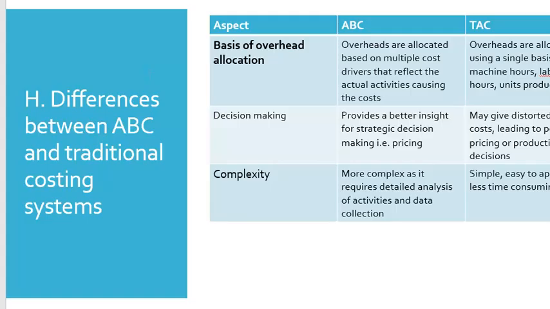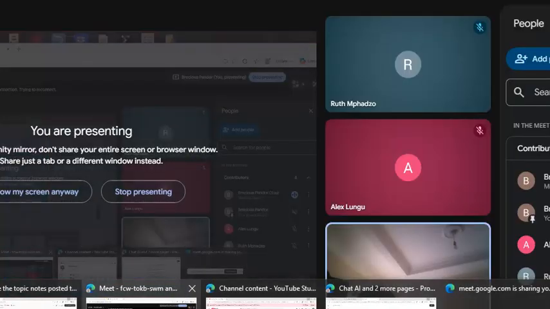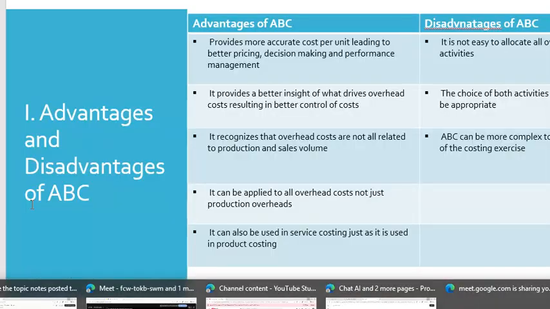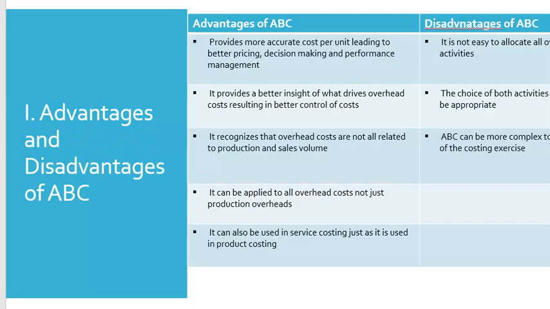Before the difference, that will be looked at later. But let's go to advantages of ABC. So the first advantage of ABC is that it provides accurate cost per unit, leading to better pricing, decision making, and performance management.